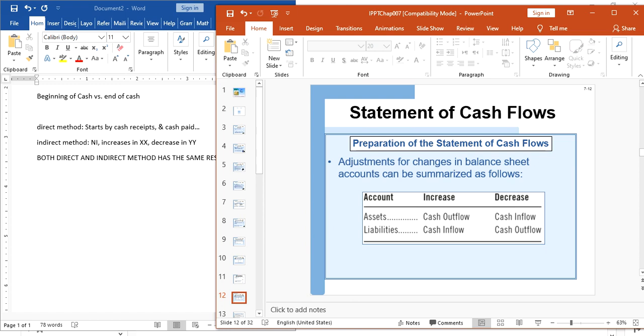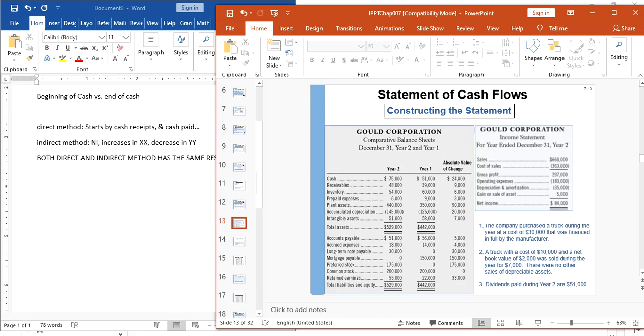So for assets, when we have cash outflow, the cash increases in the statement of cash flows. When we have cash inflow of the liabilities, that one will decrease. That's how we prepare the statement of cash flows.